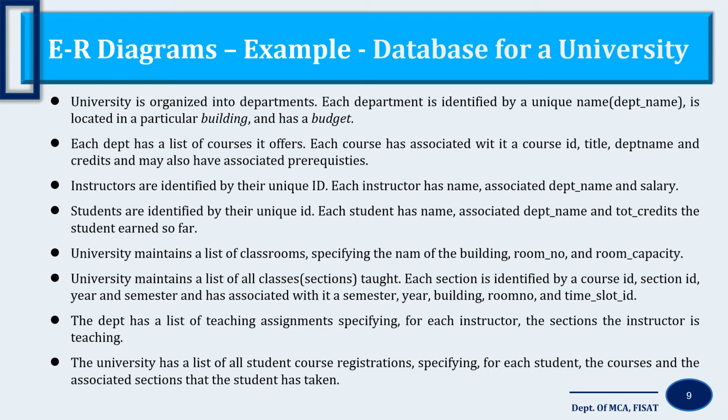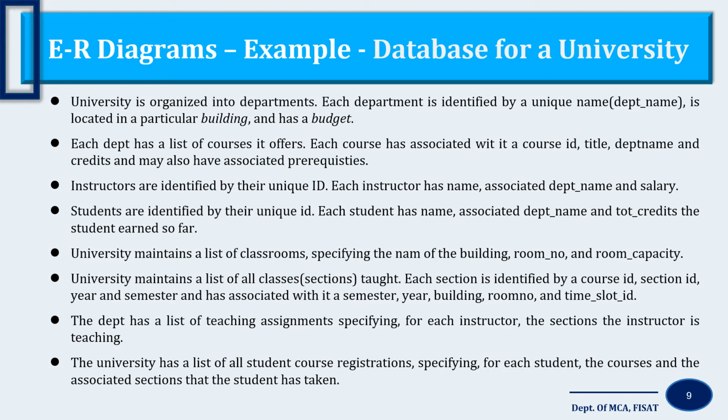So the entity is called classroom and the attributes are building name, room number and room capacity. Then the university maintains a list of all classes or the sections taught. Each section is identified by a course ID, section ID, year and semester, and has associated with it a semester, year, building, room number and time slot ID.